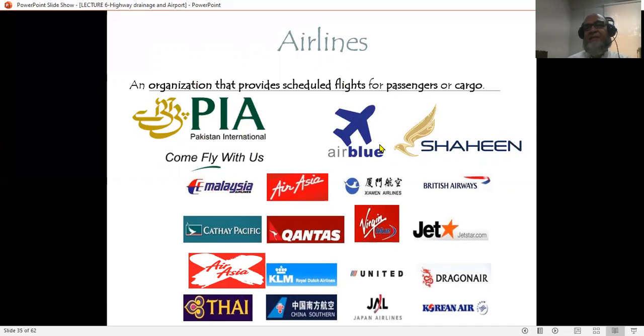Serena is the latest addition to our airlines. There used to be another airline, AeroAsia, but it has been closed. And this is an example of other airlines operating in the world: Cathay Pacific, Australia's Qantas, Canada, Korean Airways, Malaysian Airways, and British Airways.